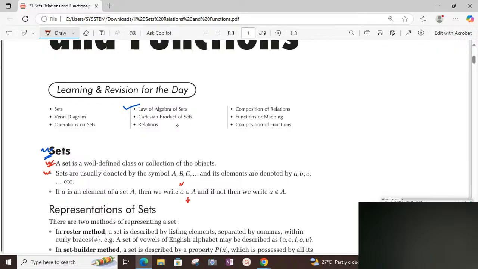So a is an element of set A, and if not, then we write a ∉ A, meaning a is not an element of A.